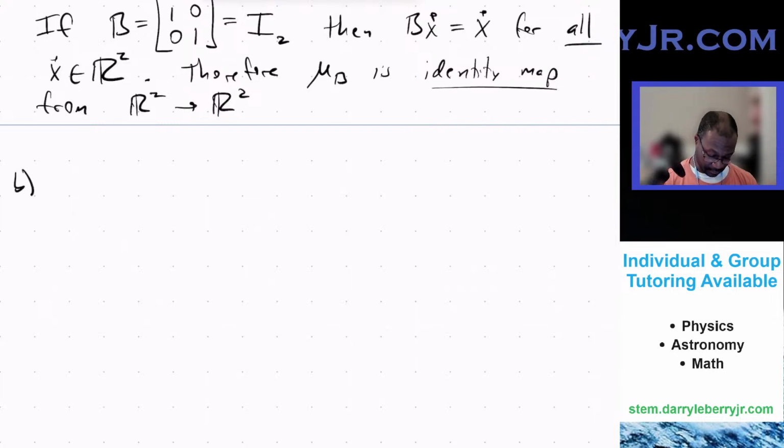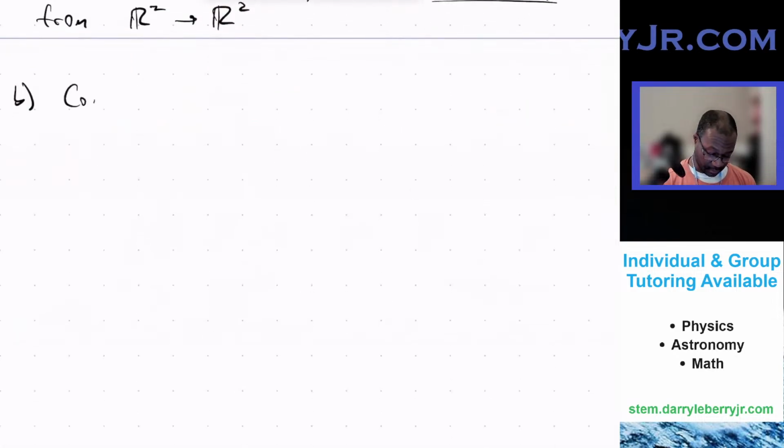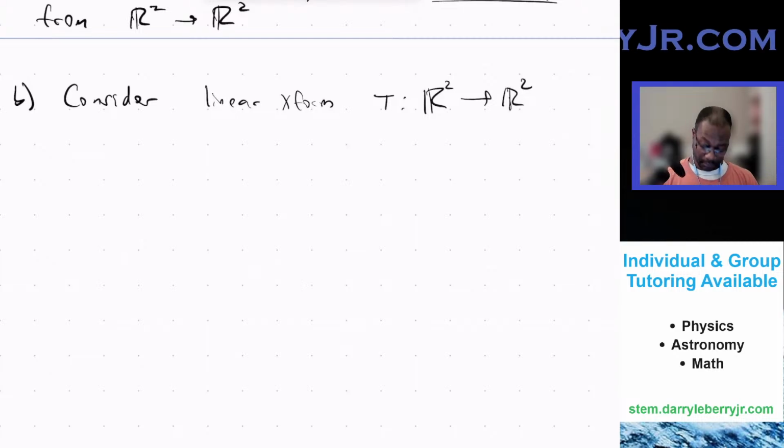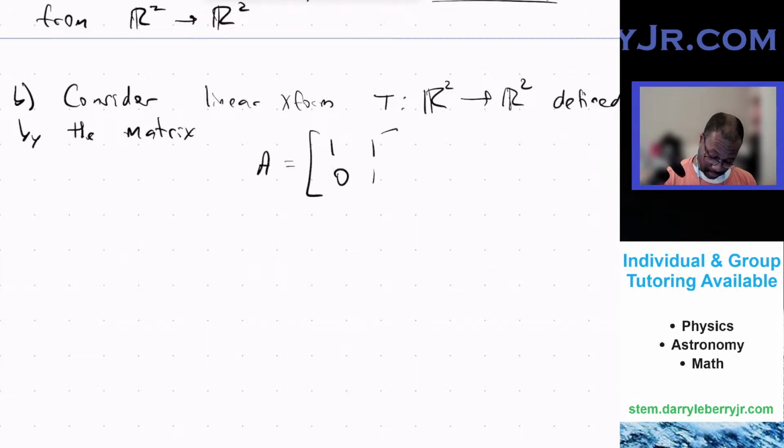So this is B. T is a transformation, R2 to R2, defined by the matrix A equals 1, 1, 0, 1.